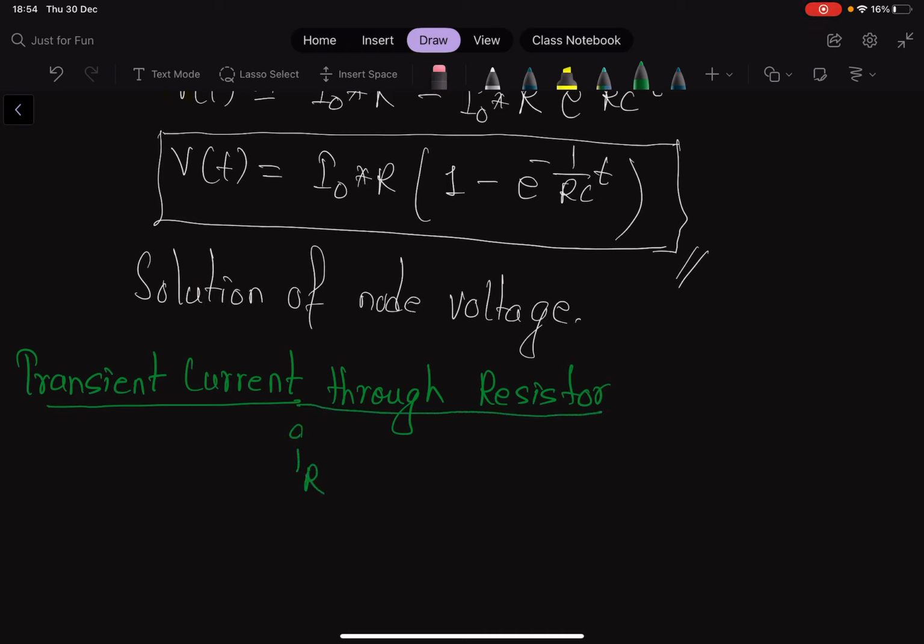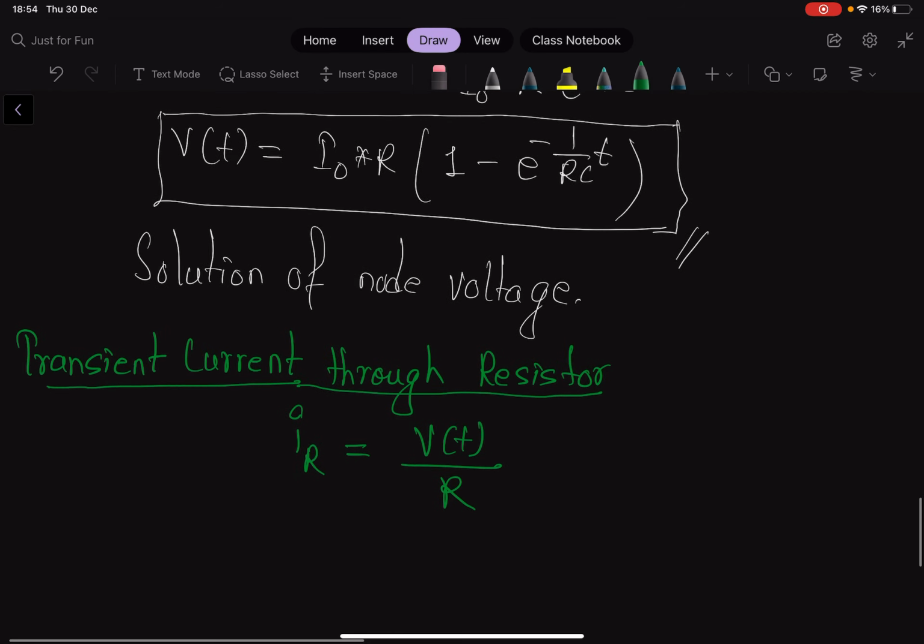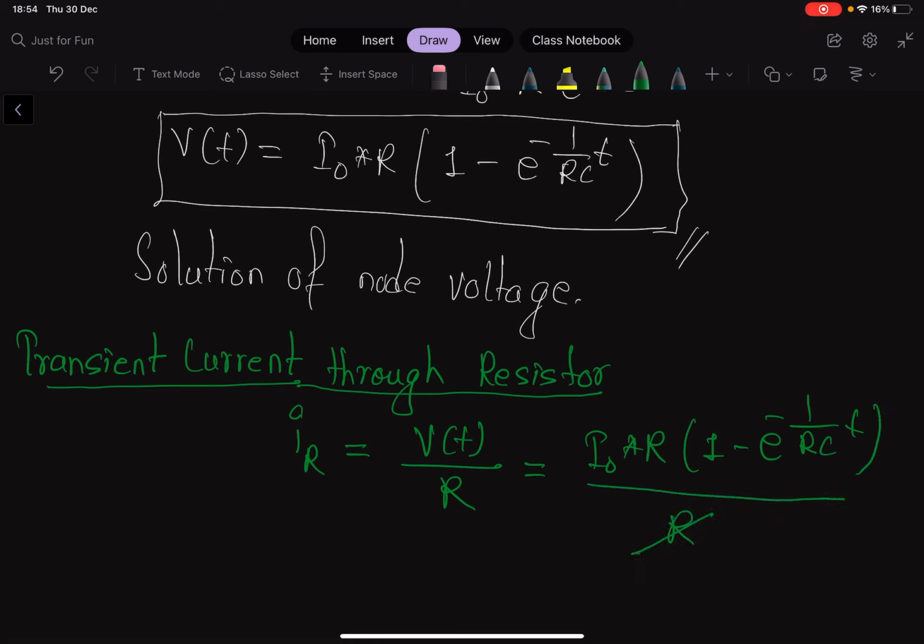And to get IR, what we need is simply Vt divided by R, isn't it? And we got the Vt here. So whatever expression we got here, e to the minus 1 over RC t divided by R, then we can cancel this R and R. This and this cancel.